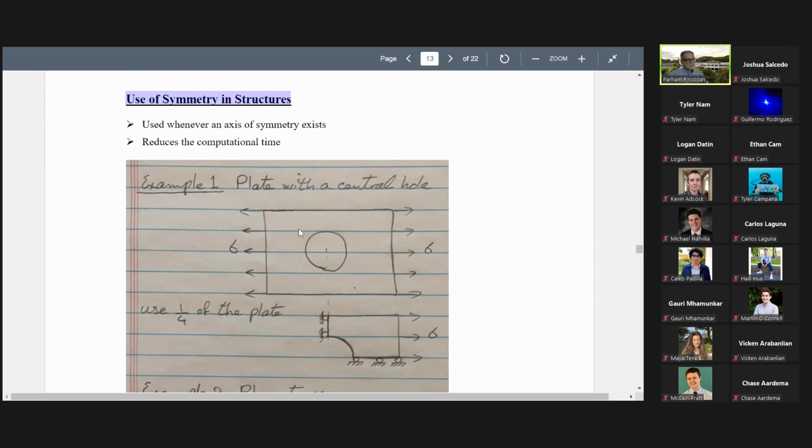If I apply stress here, I have to put a pin here and rollers here. I have to change the boundary conditions to analyze this full plate, but it is not using symmetry. In order to use symmetry, I have to use the symmetry in the structure, which is about the x-axis and about the y-axis, as you see, a quarter of the plate. Did I answer your question?